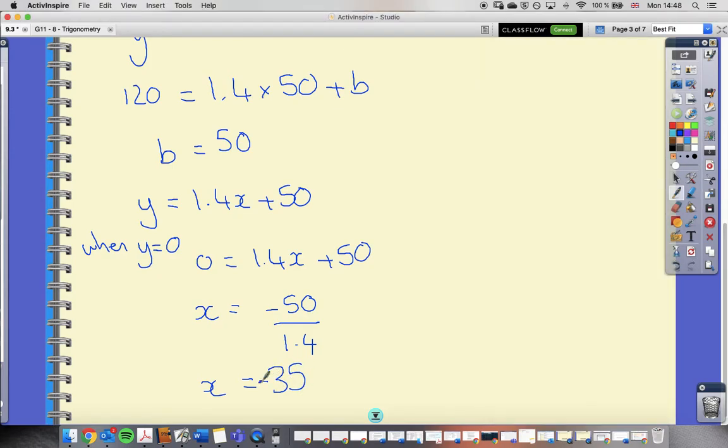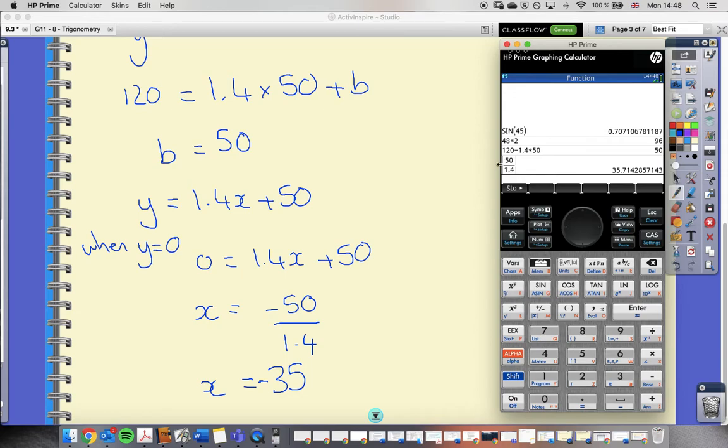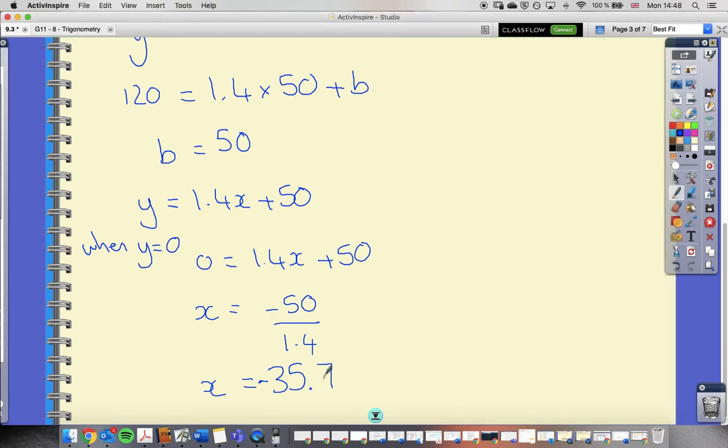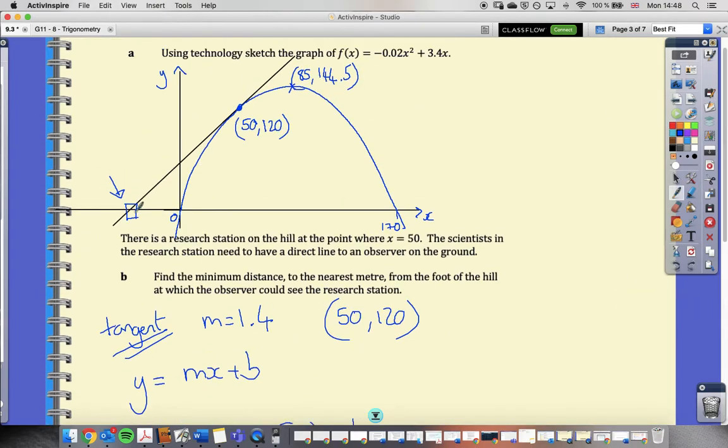Negative 35.7, because I should have had negative 50 and I didn't. So this point up here is negative 35.7.